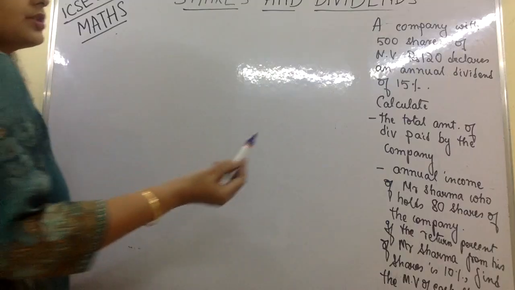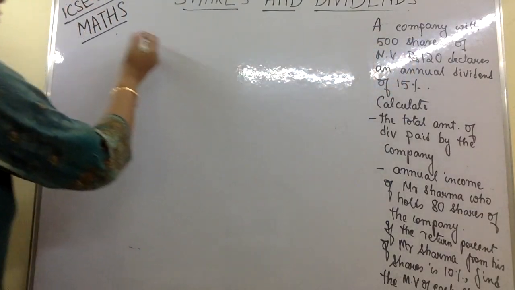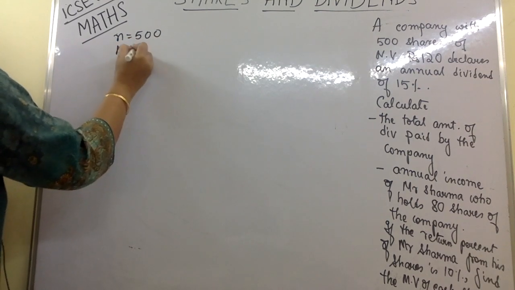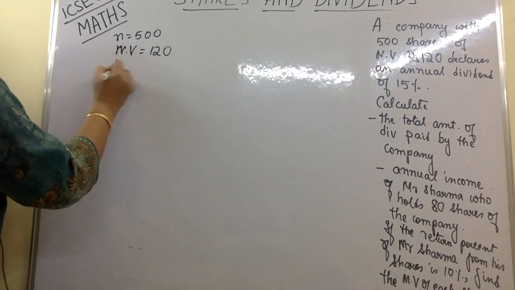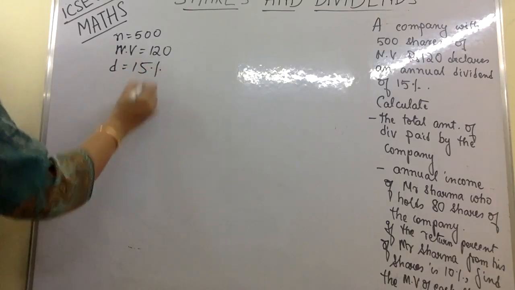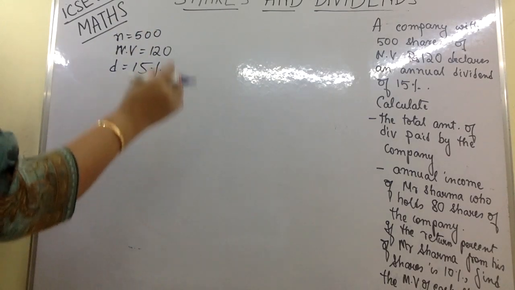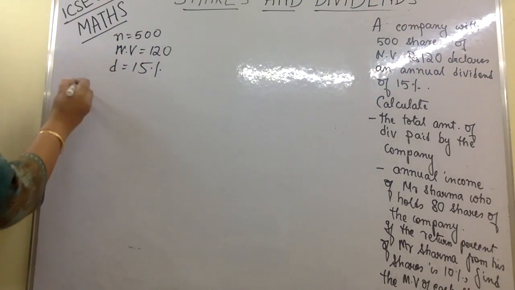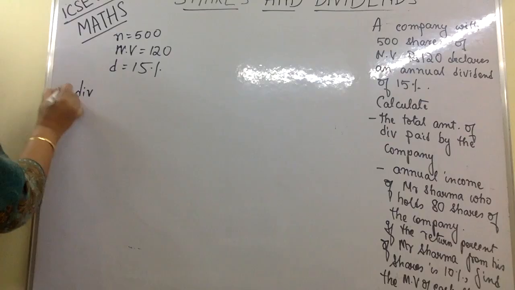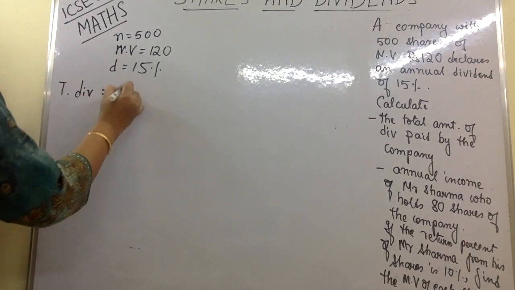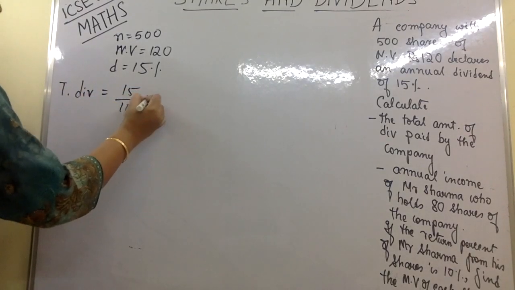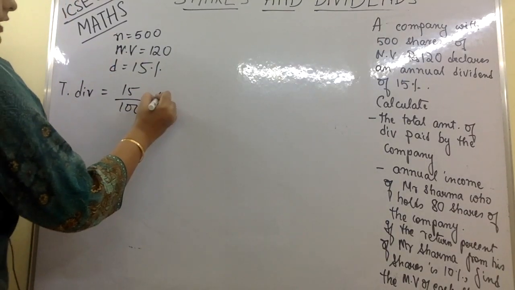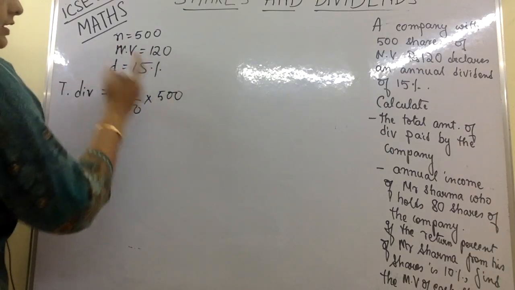So here is our next question. 500 shares of a company. Number of shares 500. Nominal value is given as 120. Dividend is given as 15%. So we make a list of our data. Total dividend paid by the company: from the company's side, for all 500 shares, how much dividend? It is 15% of 500, the number of shares.